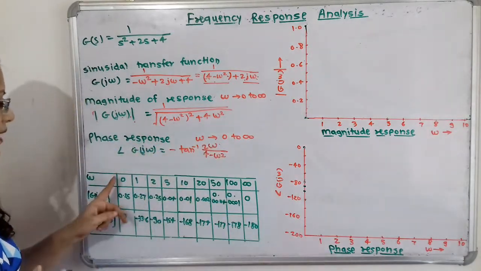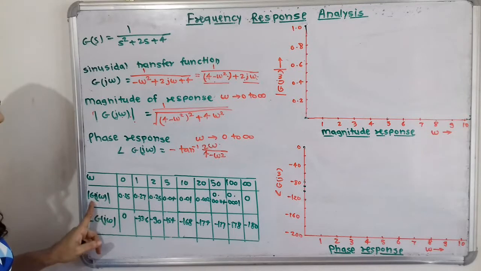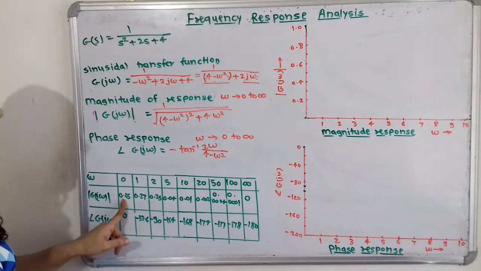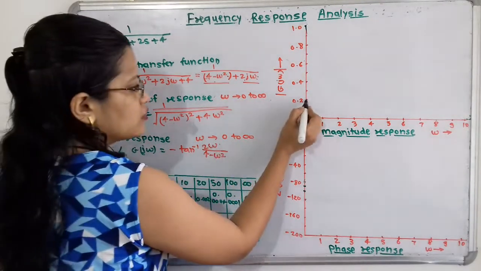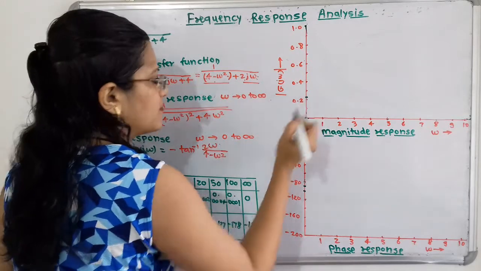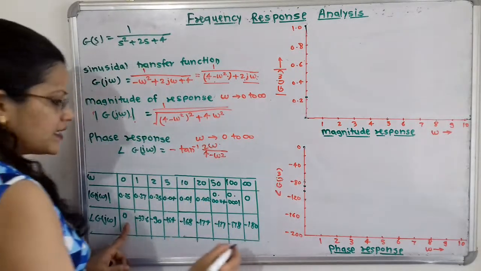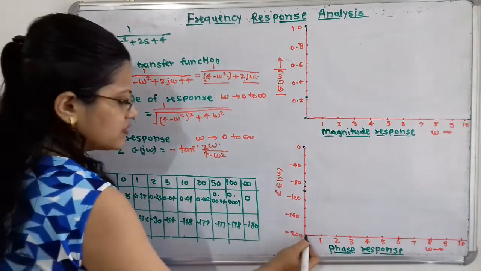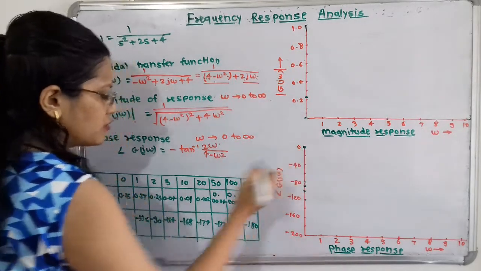For omega equal to 0, modulus of gj omega is 0.25. Here is 0.2, so I will select a point somewhere here. And the angle is 0 degree.